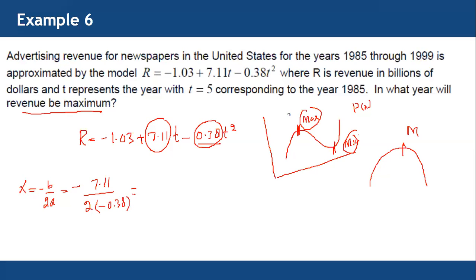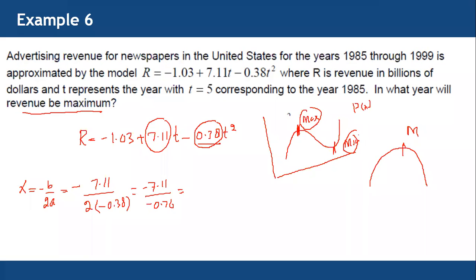So minus 7.11 divided by 2 multiplied by minus 0.38. Now 2 multiplied by 0.38 is 0.76, so minus 0.76.